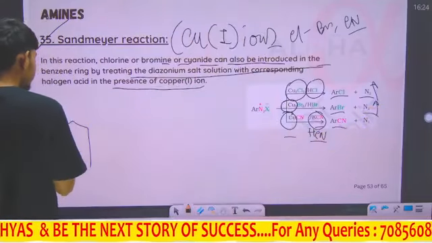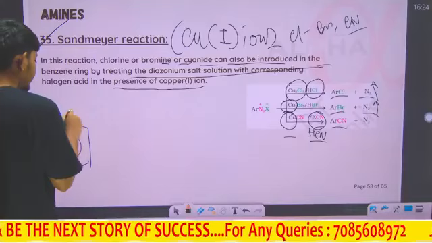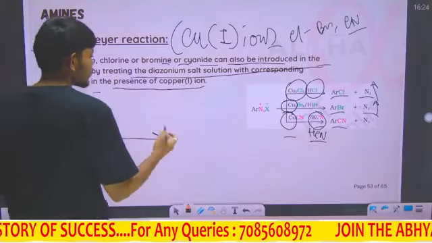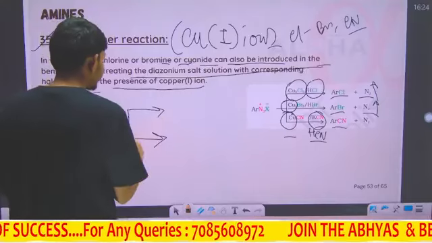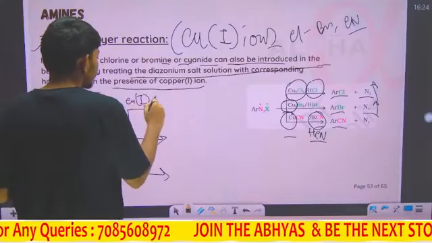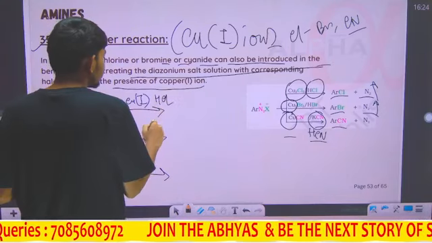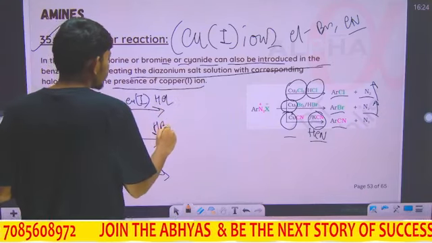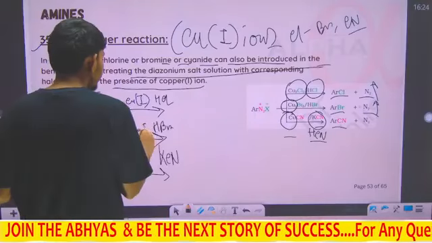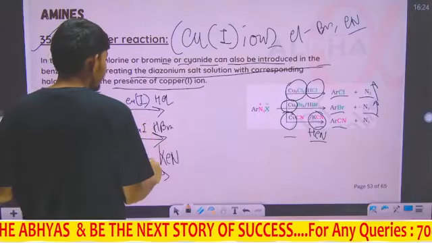If we had to draw this, I can draw it for you. Copper 1, your HCl, your HBr, your KCN, same copper 1.